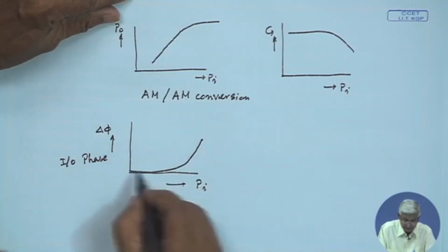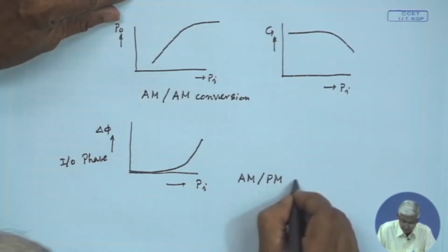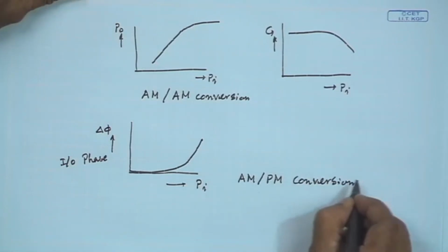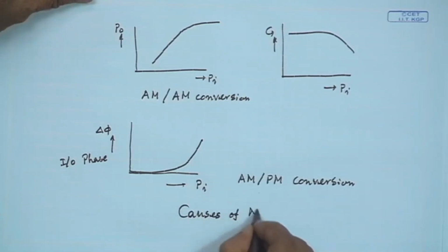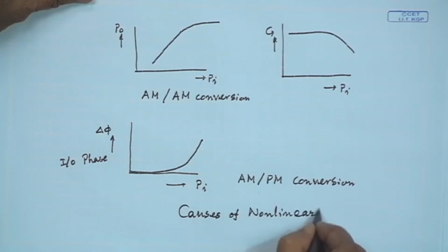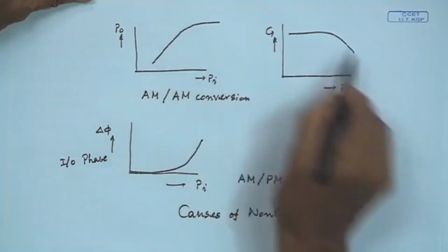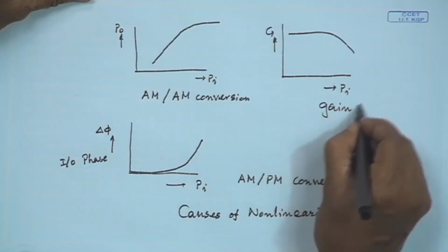This is called AM to PM conversion. Now, these are the causes of nonlinearity. Briefly, the amplitude gets nonlinear and the gain gets compressed, which is called gain compression.